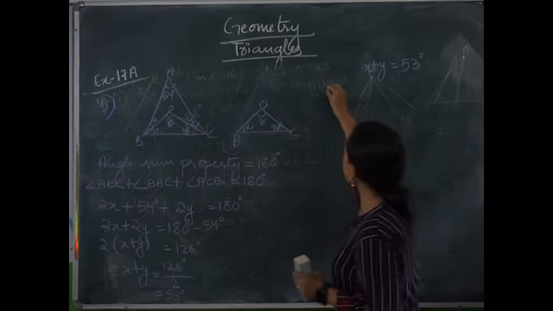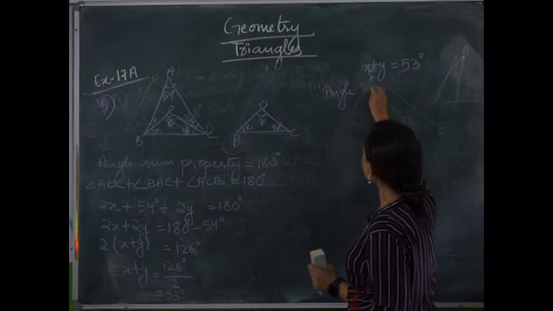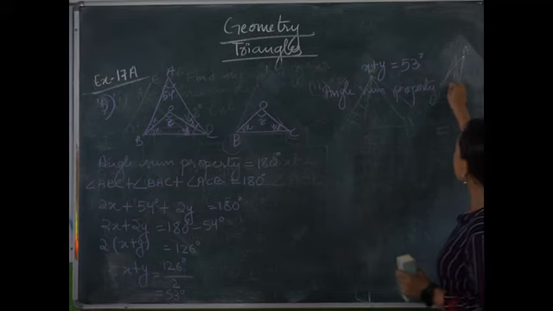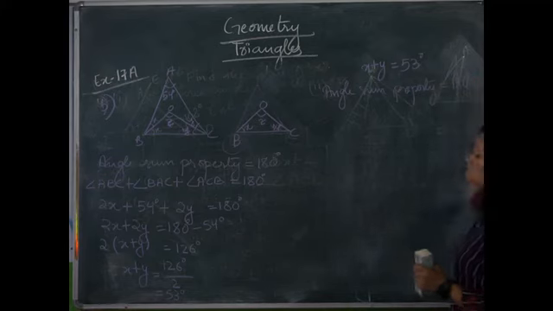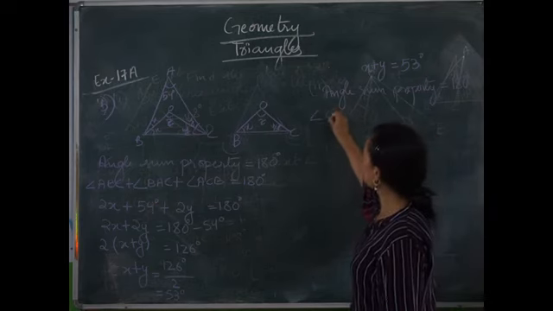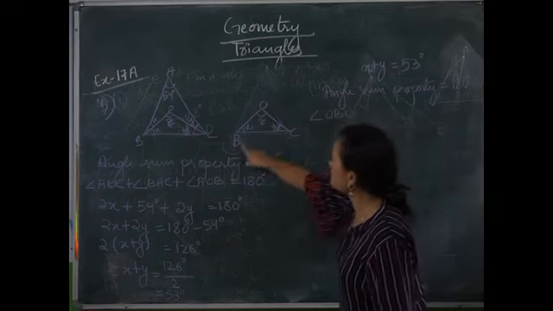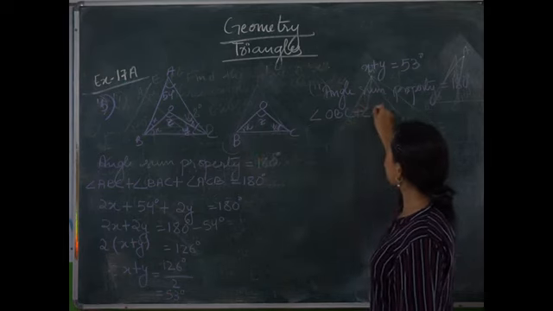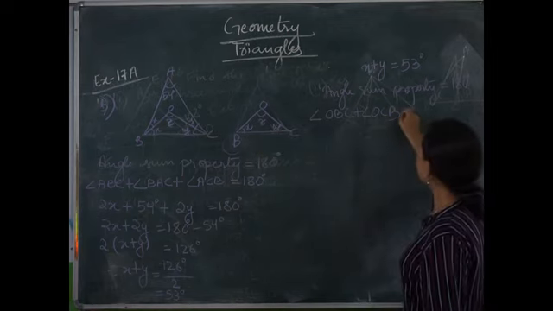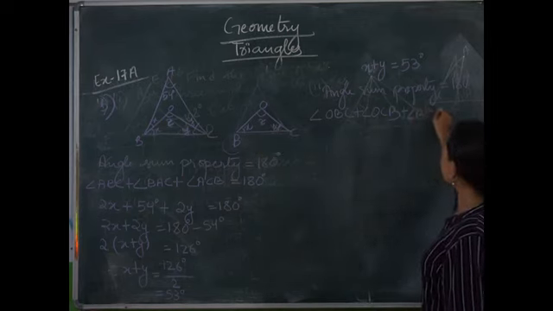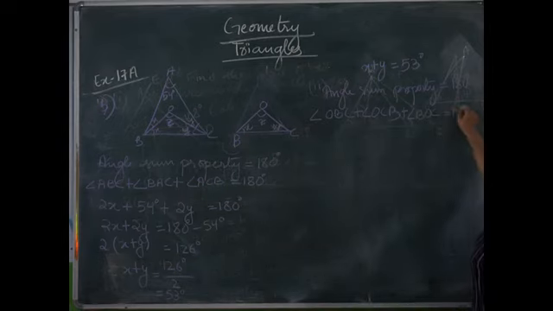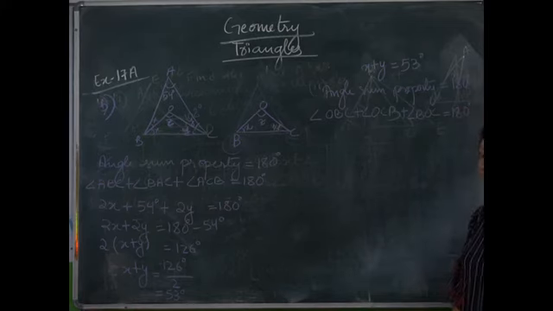So again we'll use the same concept, angle sum property, which is 180 degree, since we don't have any exterior angle, which means angle OBC plus angle OCB plus angle BOC is equal to 180 degree.